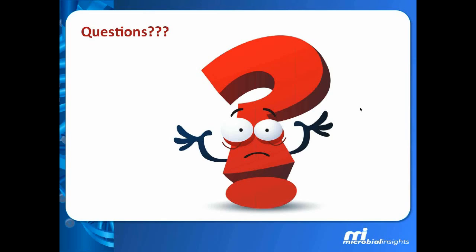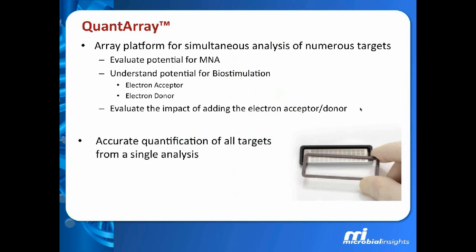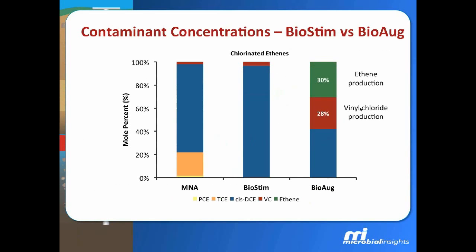So after the addition of a bioaugmentation culture, you saw a reduction in Dehalobacter concentrations. Could you explain this, or how would you explain that phenomenon? After the addition of the bioaugmentation culture? Yeah.